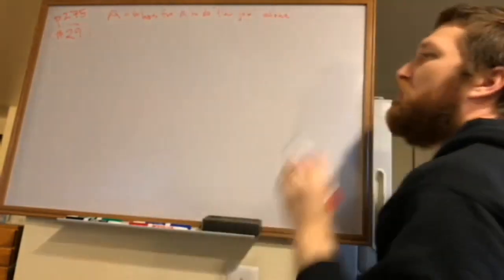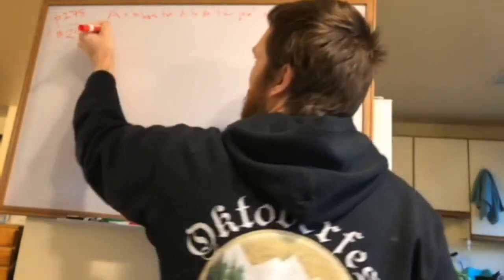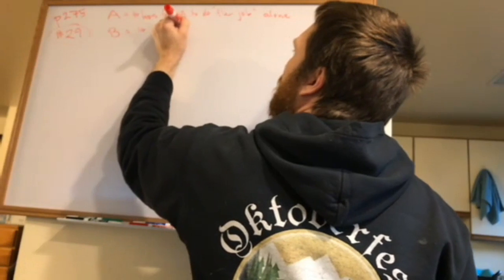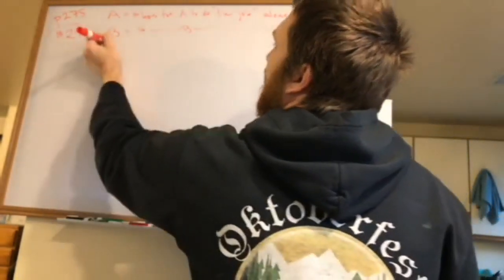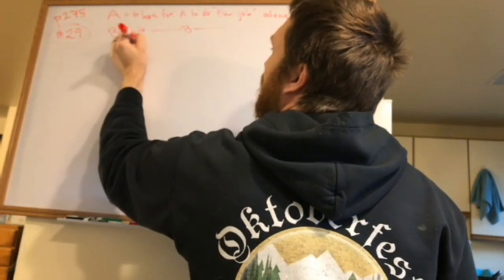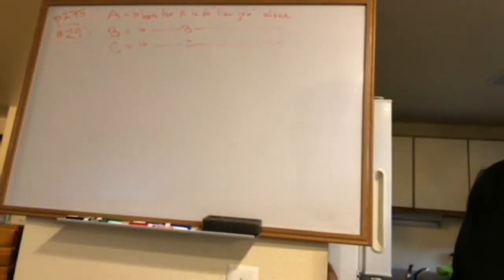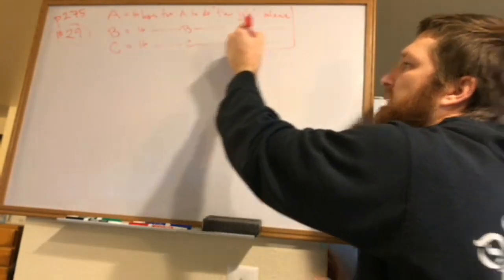If A is going to do the job by himself, it's the number of hours that A takes to do that job. And then B is the number of hours for B to do the job alone. And then C will be the number of hours for C to do the job alone. Following so far? Yes. Okay.